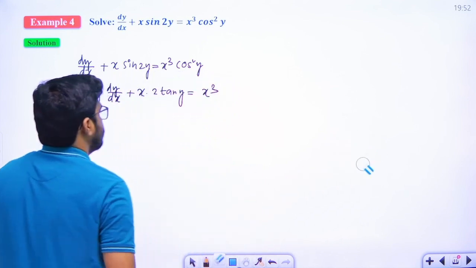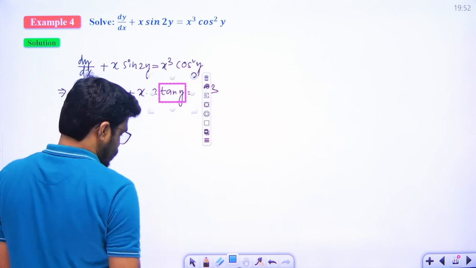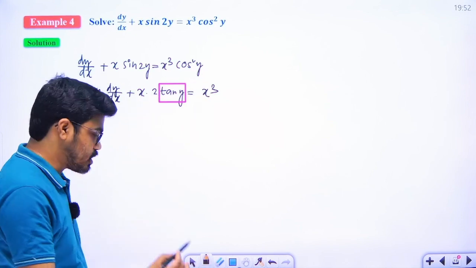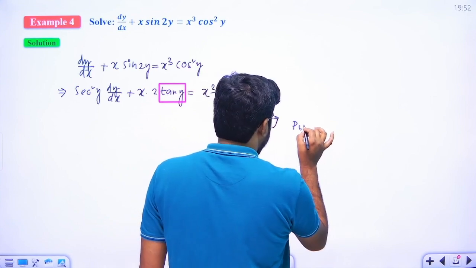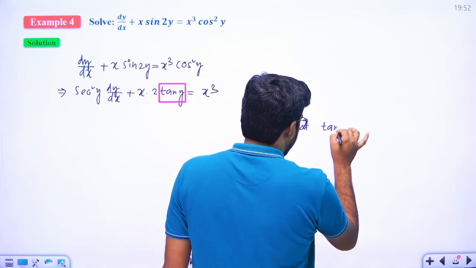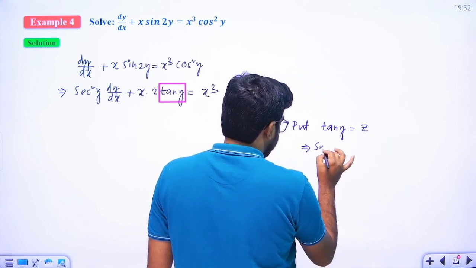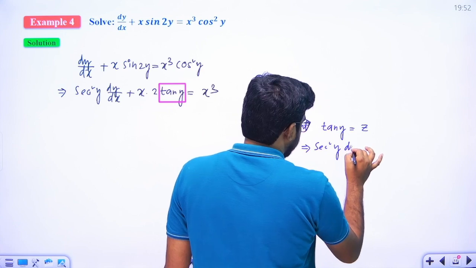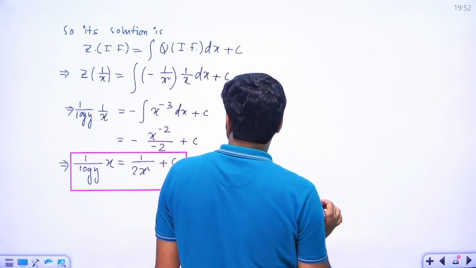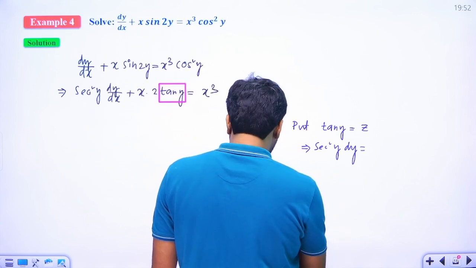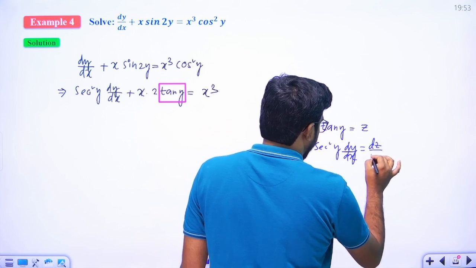So now we have to put tan y equal to z. We will consider it as a function of z. So put tan y is equal to z. So this implies sec square y dy by dx equals dz by dx.